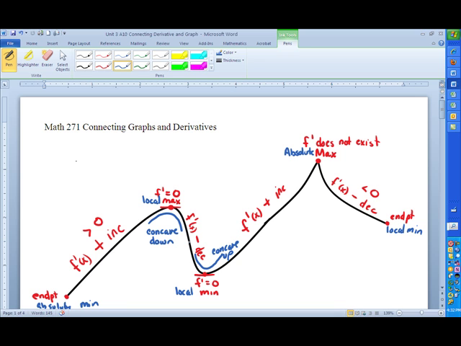And the point at which it switches from concave down to up and vice versa is called the point of inflection. And that is where it changes. The point of inflection has to do with when the first derivative does not exist because it is a vertical asymptote.